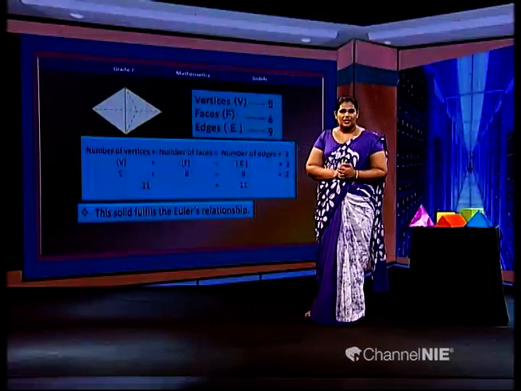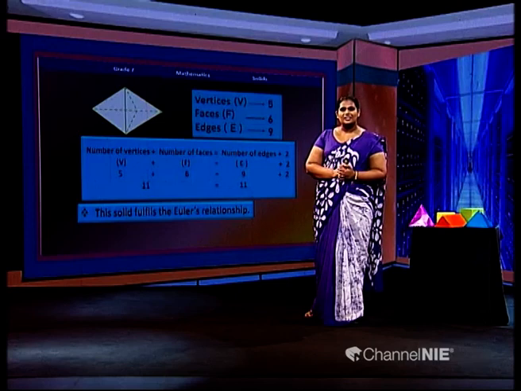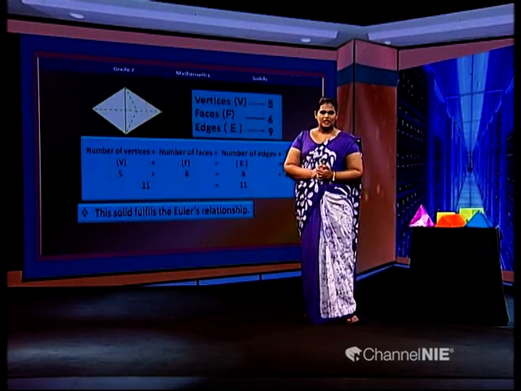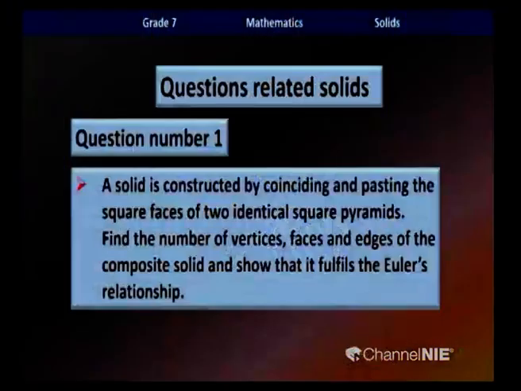Now, I think we have to move on to some questions. So, shall we quickly move on to some questions? You also have to write down these questions and do it with me. We will see questions related to solids. Question number 1.